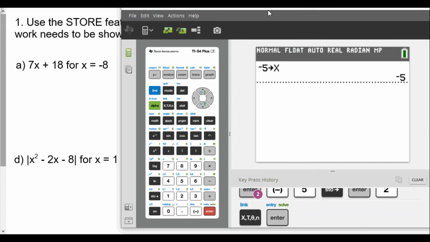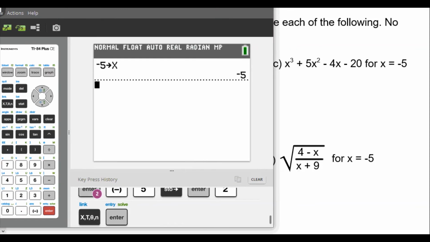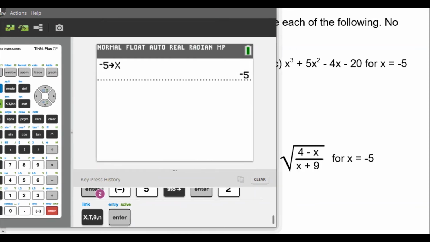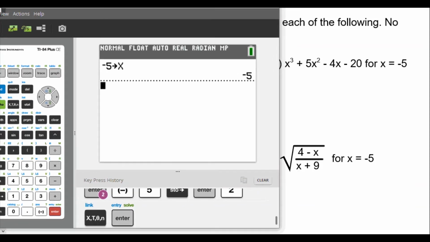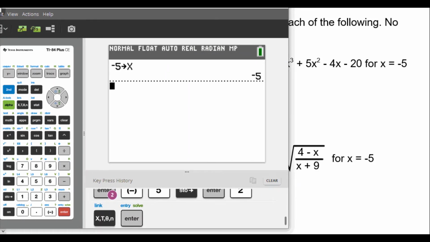The expression was a square root. Let me move this over so you can see it on the screen. The square root is right above x squared, so you hit second, x squared.